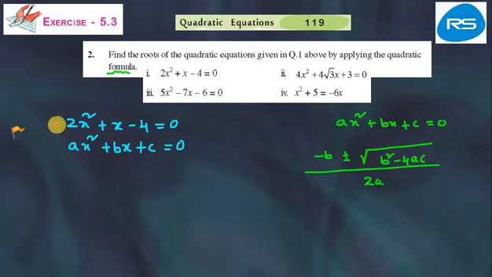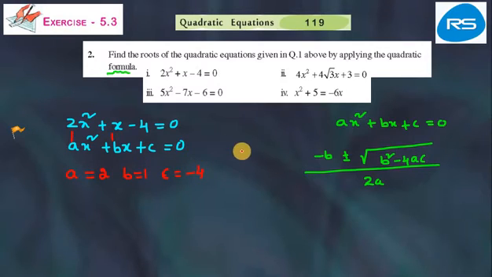It is very clear that the a value is how much? 2. The x coefficient is here 1, so the b value is 1. Here the x coefficient is b, and it is 1. So c is equal to the constant, here it is minus 4.